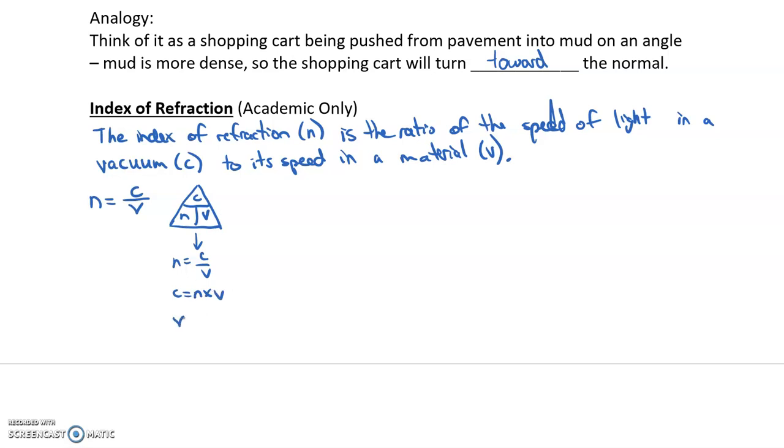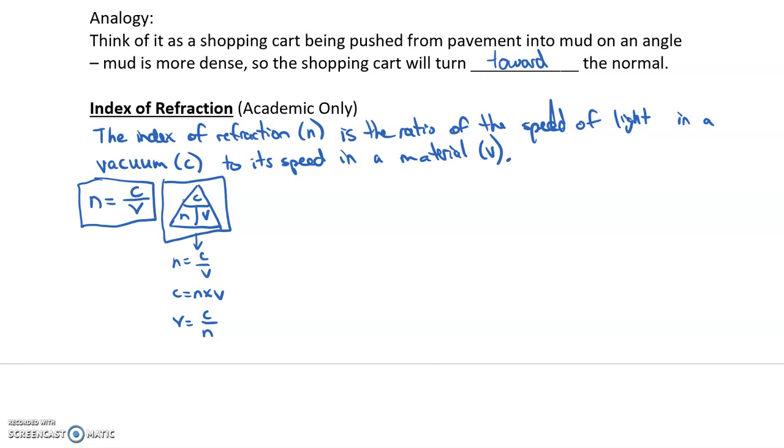And if we were solving for v, we'd have c over n. So with that triangle, which you'll be given on any assessments that we have, you can go ahead and rearrange that for anything. You could also just take this equation and rearrange it, but you'll have both this and that triangle to use for this equation.